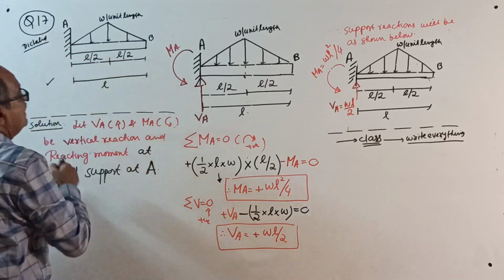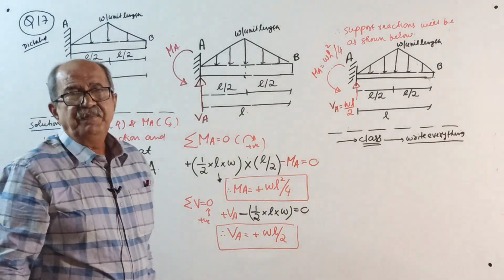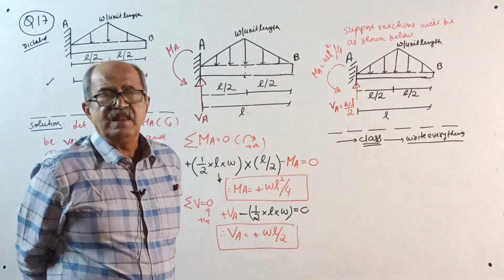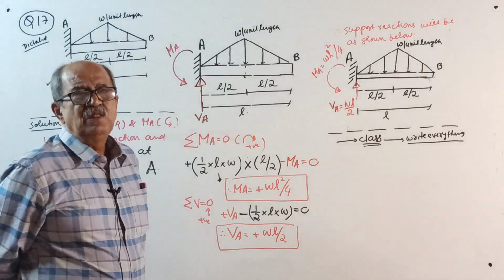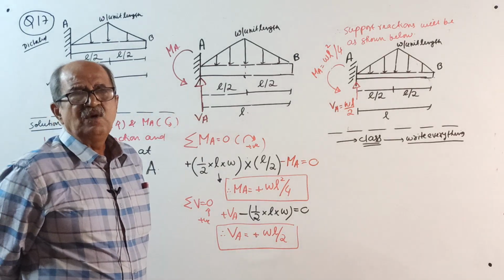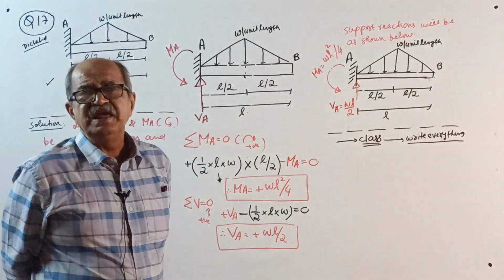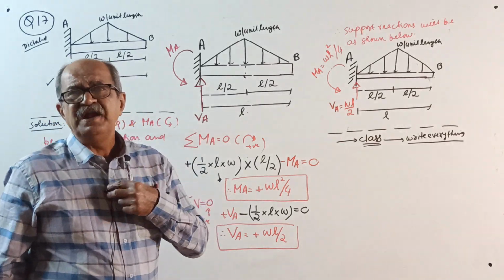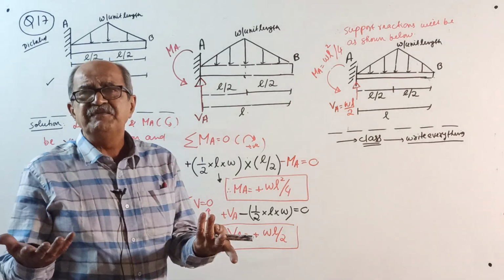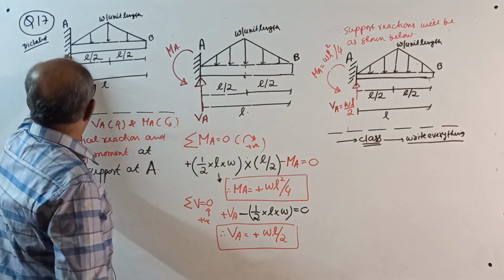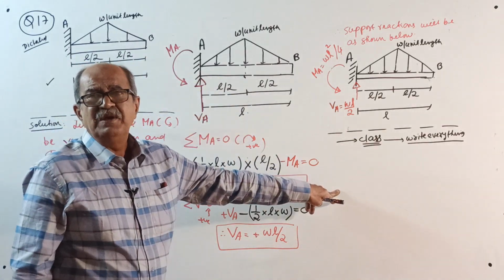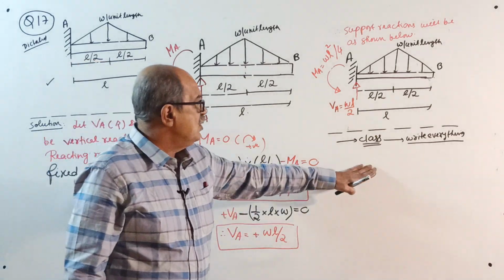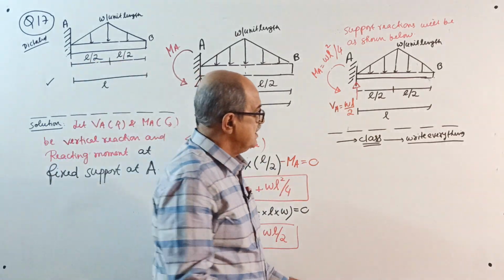Write the question. A cantilever beam is of length L. I will not tell this every time. In the question right now, I am not telling whether the left side is fixed or the right side is fixed, so you can take anything fixed. We will take fixed on the left side, free on the right side. Alternate solution will be there. Now onwards, I will not write that much for alternate solution.